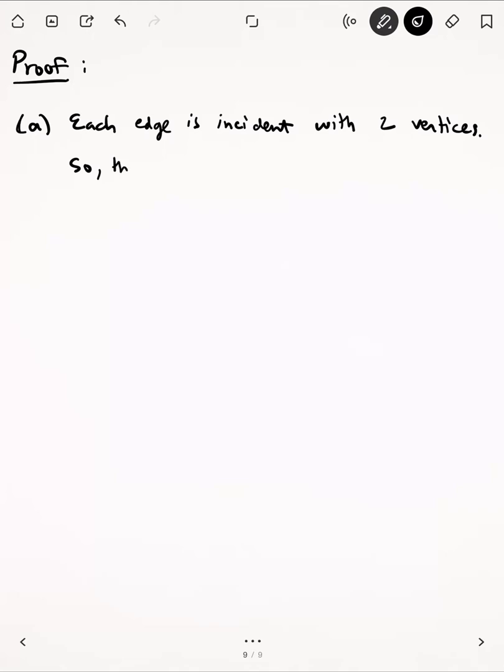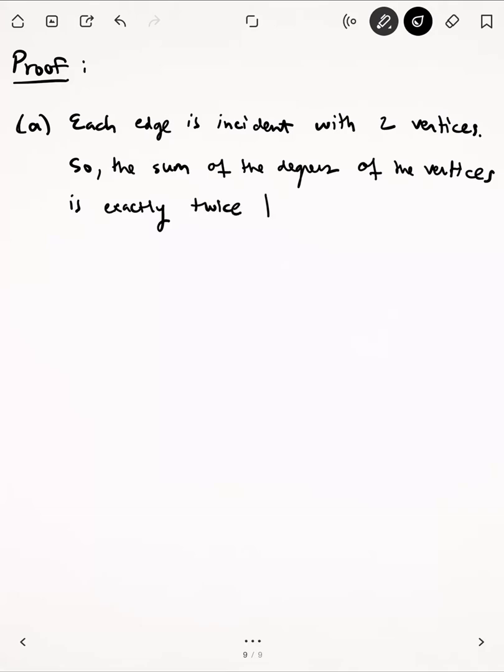So the sum of the degrees of the vertices is exactly twice the number of edges. Okay, so the sum is even.